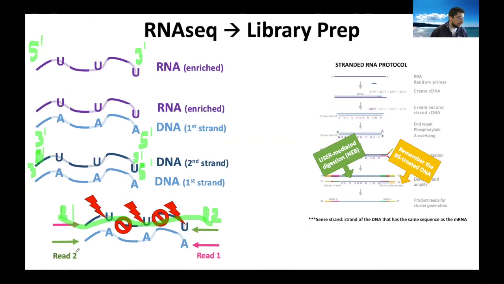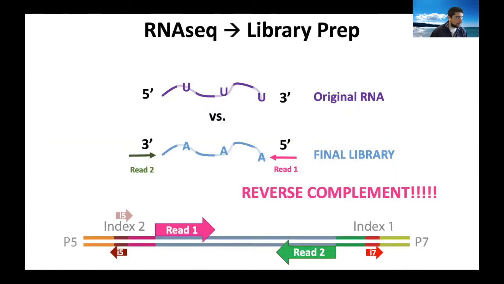So this at the bottom is actually the same as the first strand, okay? But if you compare what your output is, which is this one at the bottom, you see it is actually the reverse complement of the original RNA, okay? So if your original RNA started from 5' to 3', what you have here is from 5' to 3'. So it's exactly the reverse complement, okay?